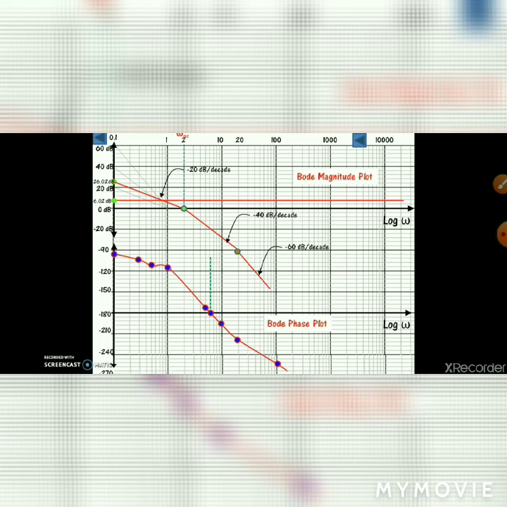At this point, where the phase angle plot intersects the minus 180 reference line, take a straight line above, and that becomes omega PC, the phase crossover frequency. Clear? Where the phase angle plot intersects the minus 180 reference line, that is the phase crossover frequency. Where the magnitude line intersects the 0 dB reference line, that is omega GC, the gain crossover frequency.